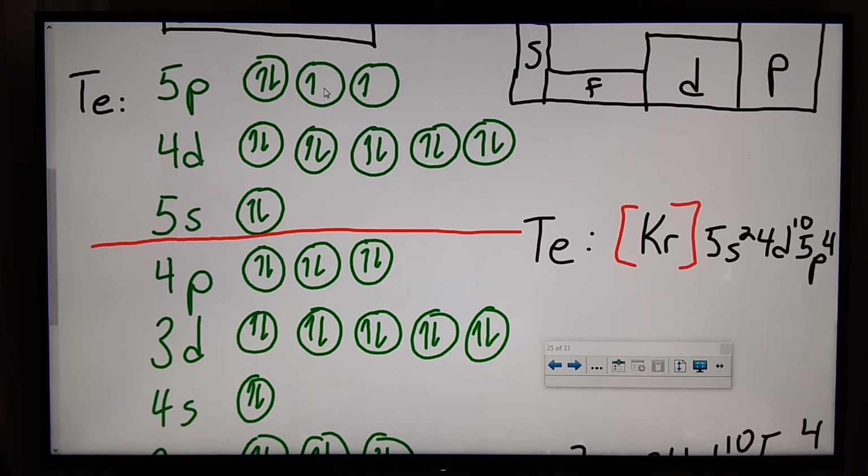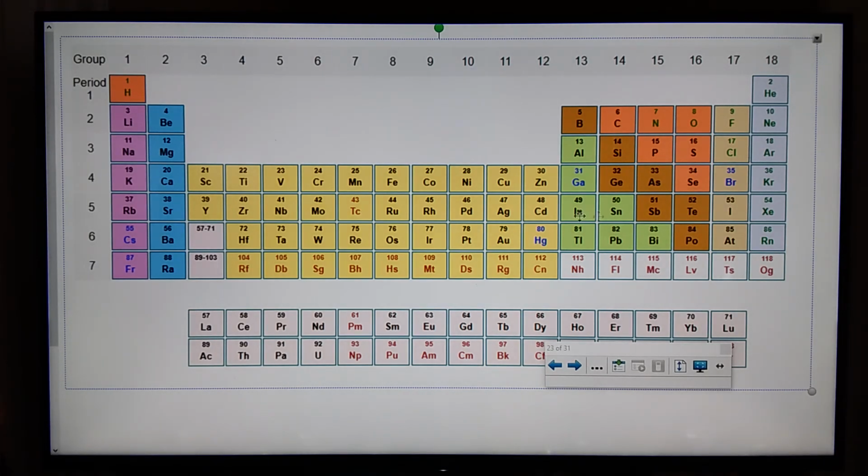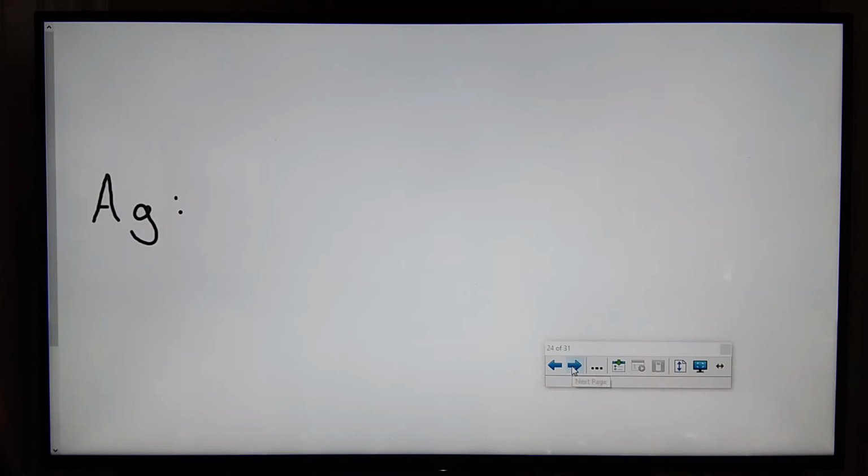So how did I know that there were 4 left there? Again, I look at the periodic table and where tellurium is located. In the p orbitals, I count over 1, 2, 3, 4. So it has 4 electrons in that final outside shell. That's how I figured out my electron configuration.